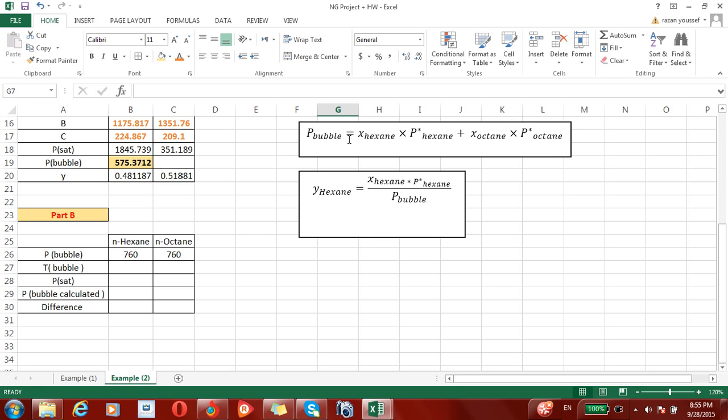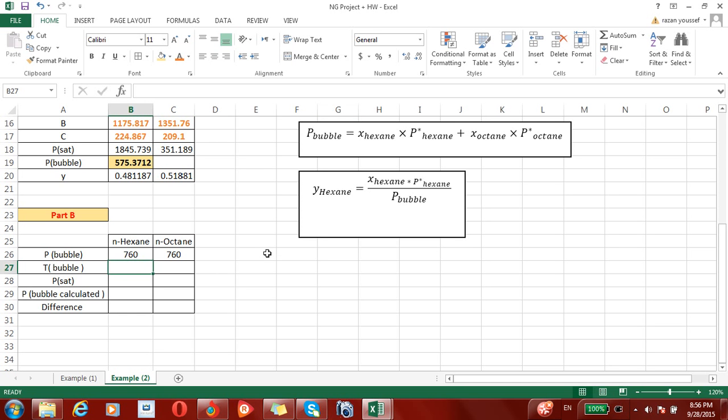If you do it by hand, even if you do it more than one time, you might not get the most accurate value. But here, because it's a computer, it does all the calculations for you. It's an easy tool, so why not use it instead of hand calculations? Of course, if you are in an exam, you have to do it by hand. But here we are learning how to use a simple tool to make your life easier as an engineer.